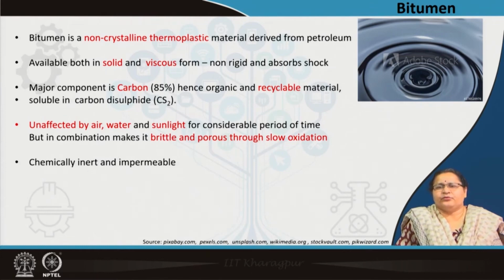But we have always seen on the road a jet black color material being heated and applied on the road or being mixed with aggregates and spread on top of the road to have a layer on top of the road.